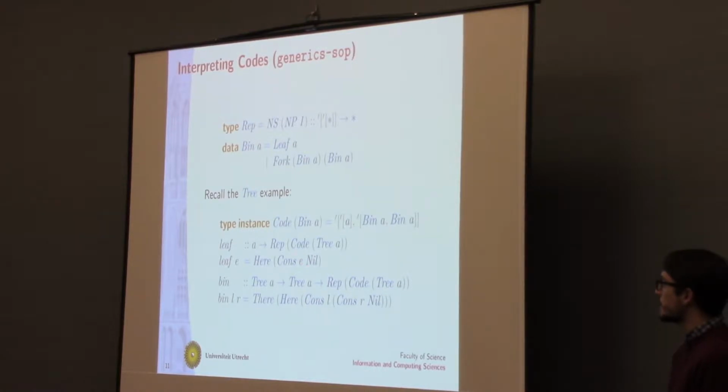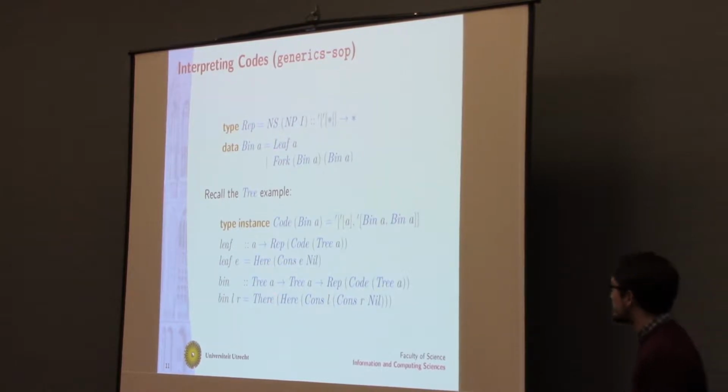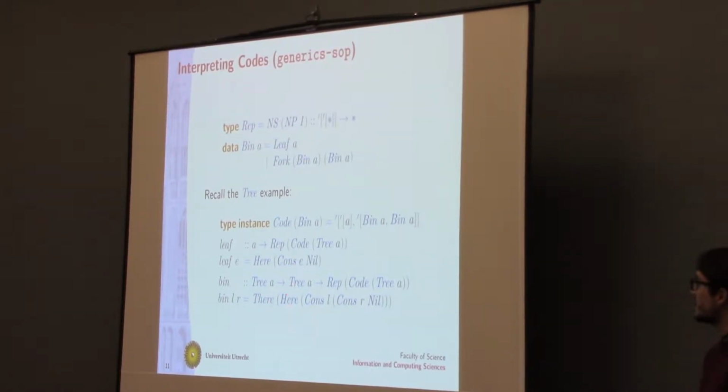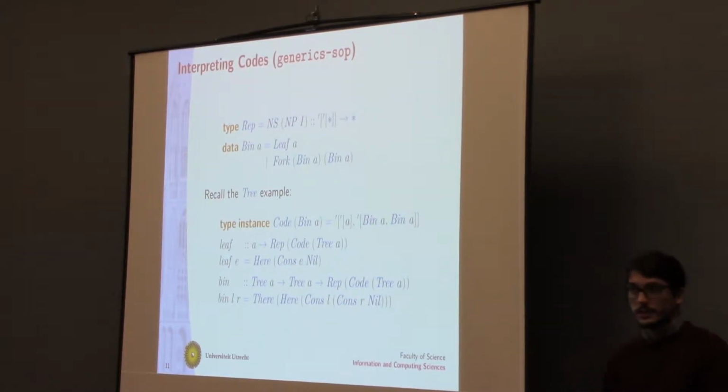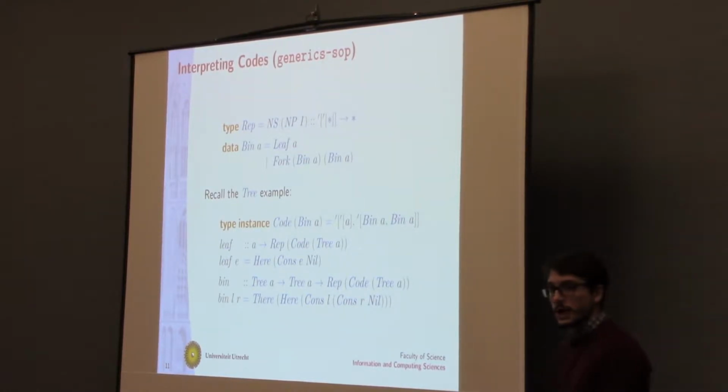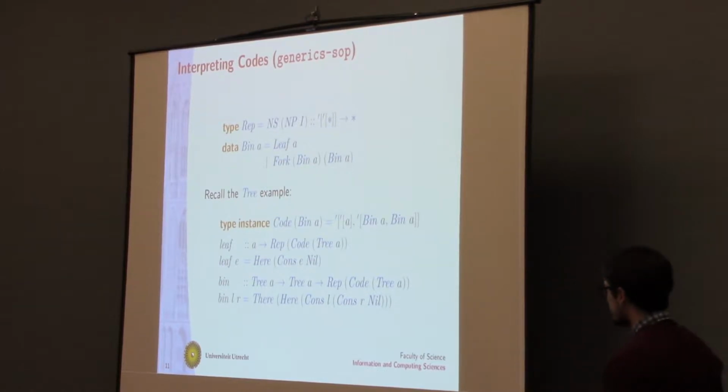So there's only one cons, and we can actually provide its argument there. And the Bin constructor, which is the second one, receives two trees, or two Bins. It should have those types in it, but it's the second constructor nevertheless. So there's a there here, and then we actually have to provide an n-ary product indexed by a list with two Bins inside, and we can do that with two cons. So it follows quite naturally from that.